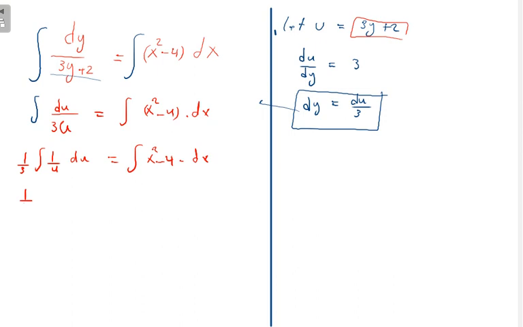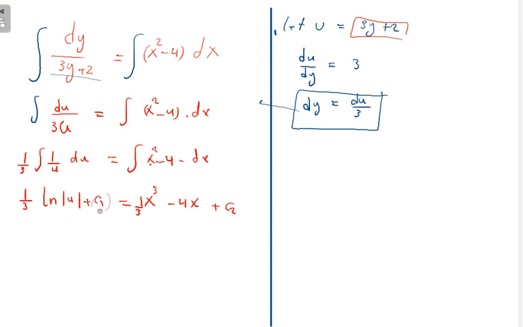So I have here a third, it's a constant. The integration of 1 over u equals ln the absolute value of u, as we all know, plus c1, a constant. Here the integration of x squared equals x cubed over 3, or a third x cubed, minus 4x plus c2.